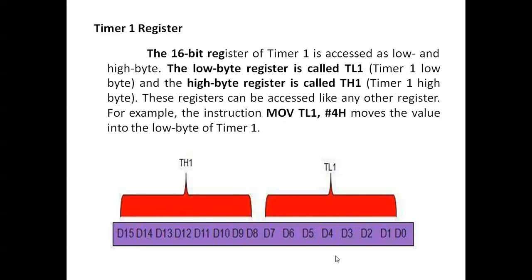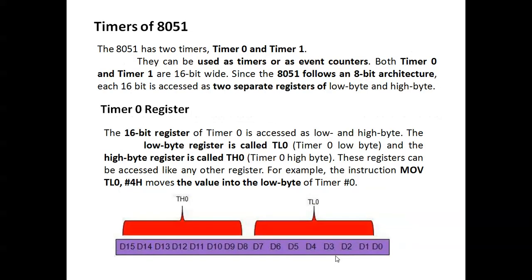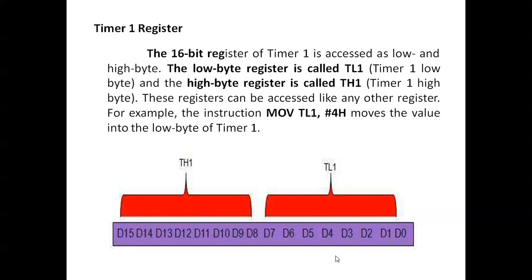Timer 0 has TL0 and TH0, and timer 1 is also a 16-bit register split into two bytes: the lower byte TL1 and the higher byte TH1. Just like the previous one, examples of instructions are MOV TL1 and MOV TH1 with a value.